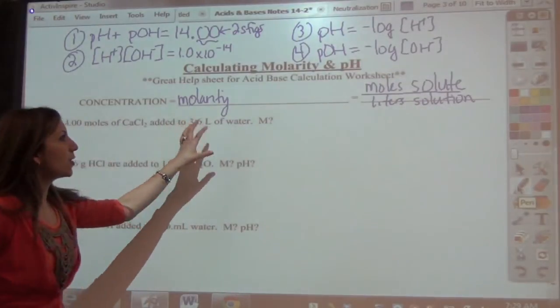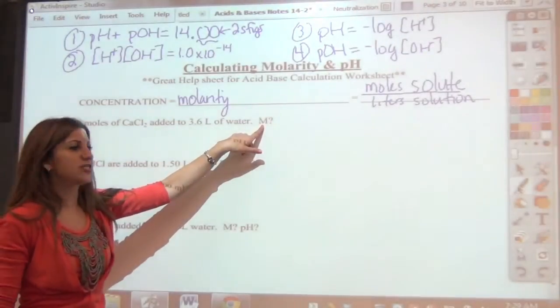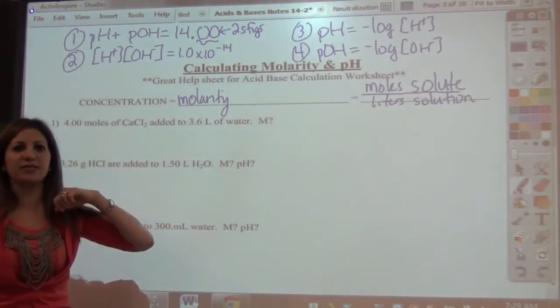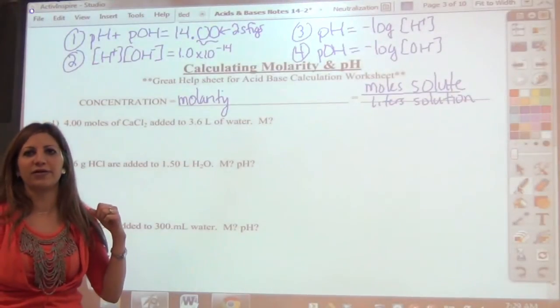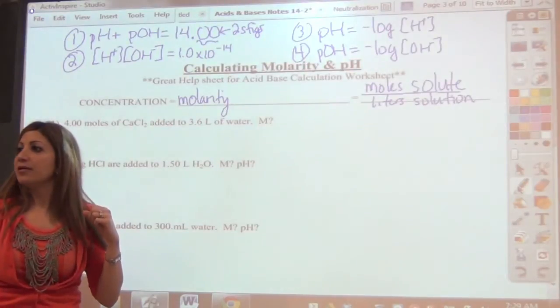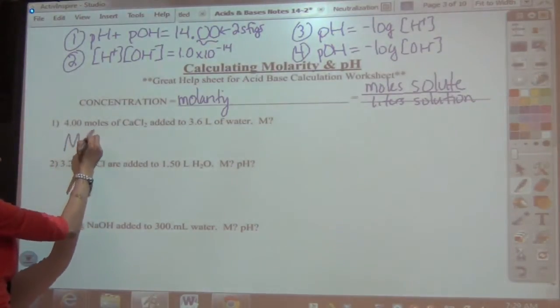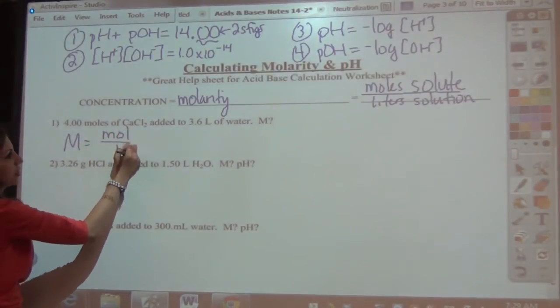So what we want to know is what our molarity is in this first problem. And it says that we have 4 moles of calcium chloride and 3.6 liters of water. So how would you calculate the molarity for this? Perfect, just divide. Awesome. So we're going to say that big M is equal to moles over liters.